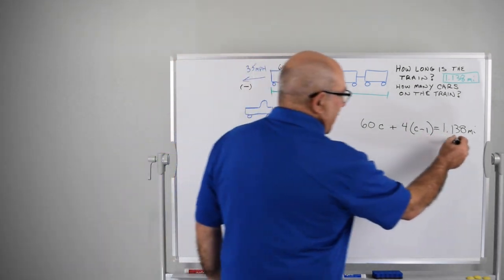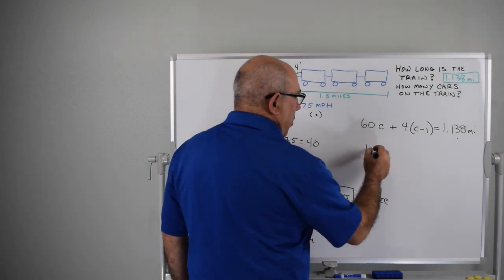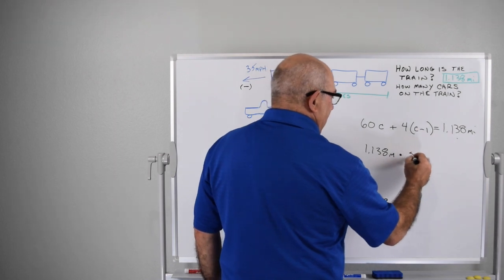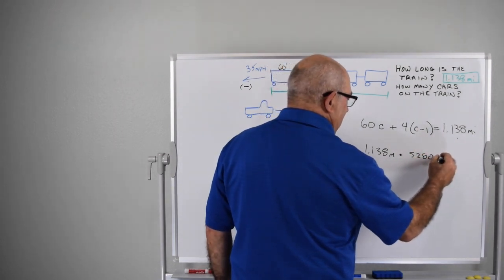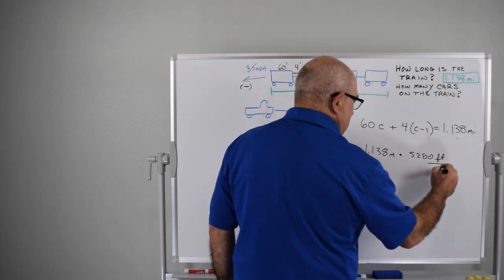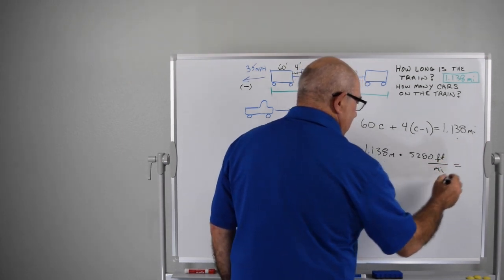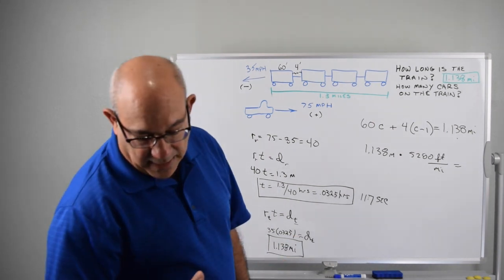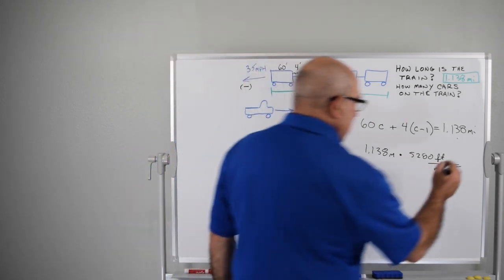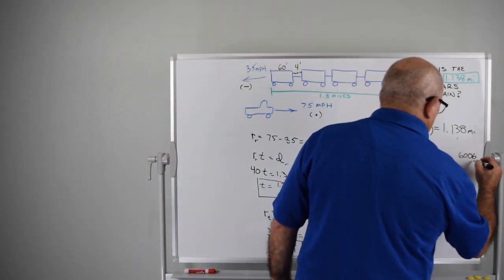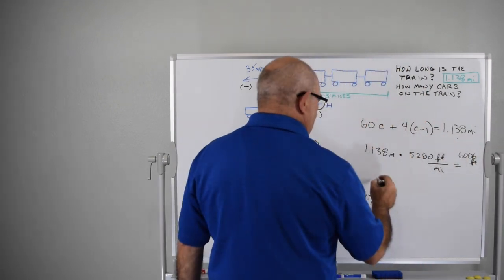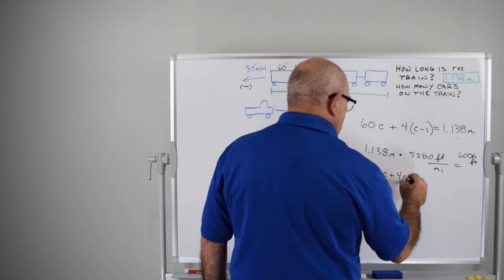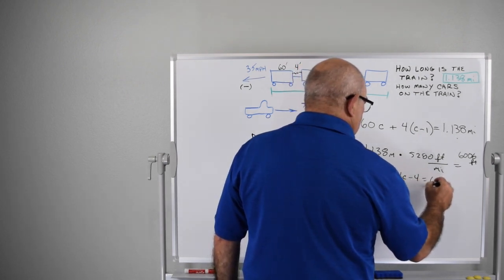So we need to convert this to feet. 1.138 miles times 5,280 feet per mile equals 6,006 feet. So we rewrite this equation as 60c plus 4c minus 4 equals 6,006.